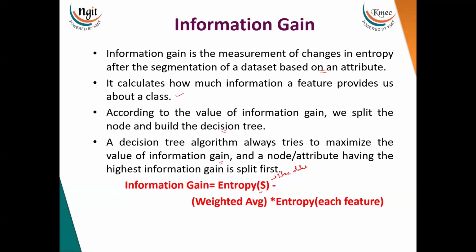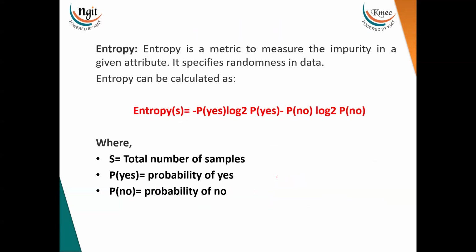For that, first we require entropy. Let us see how we find the entropy. Entropy is a metric to measure the impurity in a given attribute. It measures the impurity and specifies randomness in data.